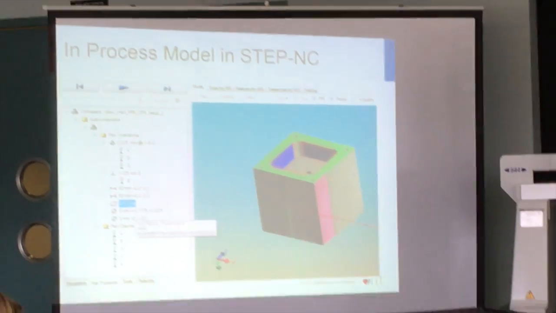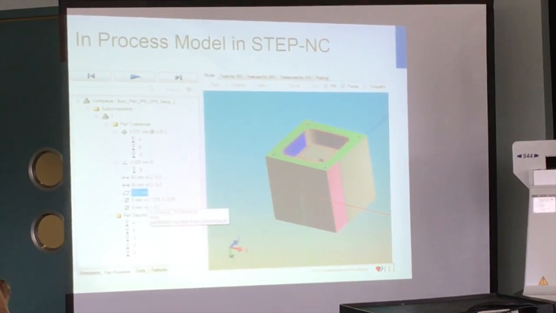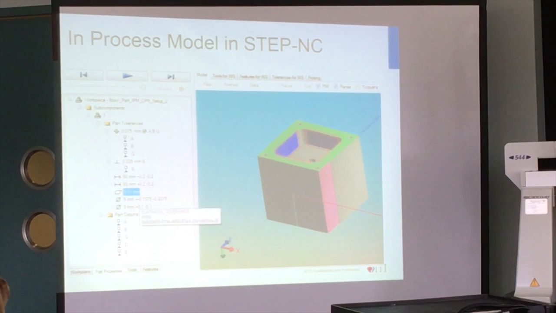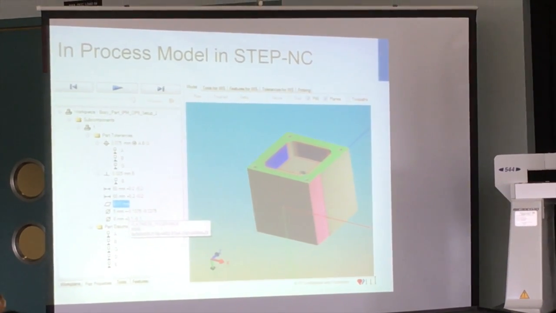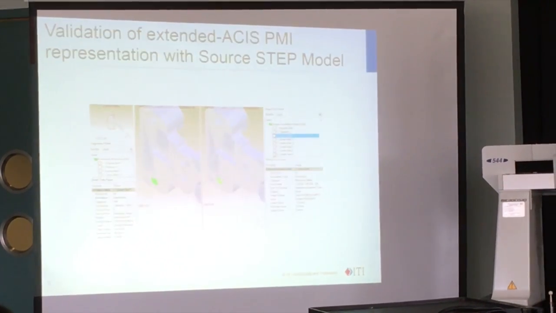But you'll notice the identified piece of GD&T includes that UUID that I just described that permanently identifies this piece of data for downstream use.